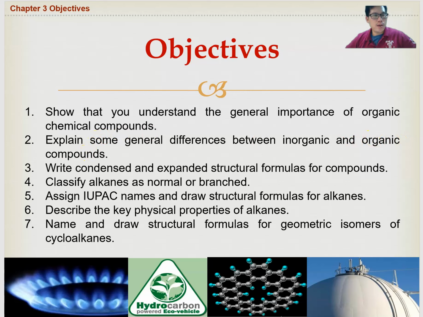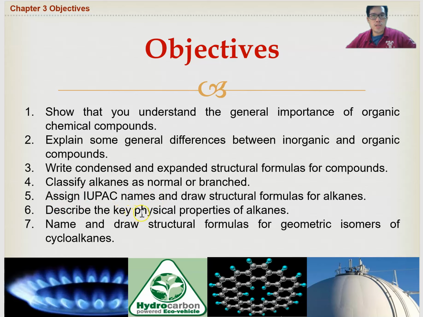Then you need to learn how to write the condensed and expanded structural formulas for compounds, and classify the alkenes as normal or branched. This is very important. Assign the IUPAC naming and draw the structural formula for alkenes. This is one of the key areas that you will be tested on.